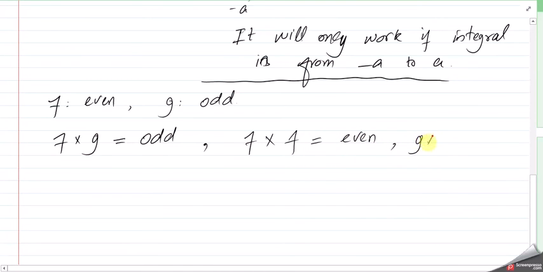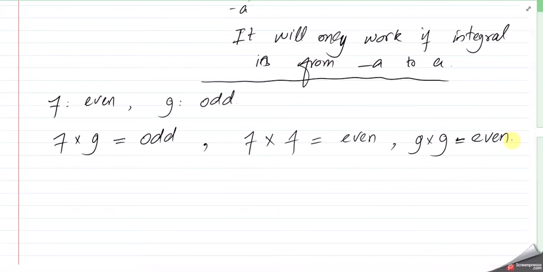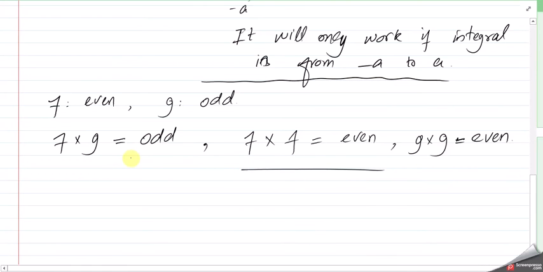And if g multiplied by g, that is odd multiplied by odd, that will also give even. So I'll put them here as well. If an even function multiplies an odd function, we get an odd function. If an even function multiplies an even function, we get an even function. And if an odd function multiplies an odd function, we get an even function.